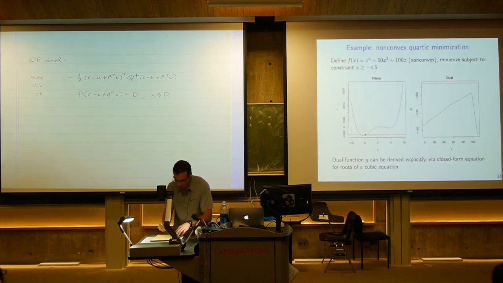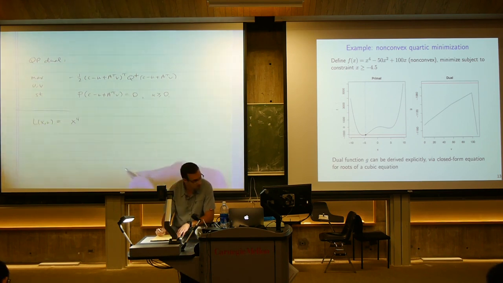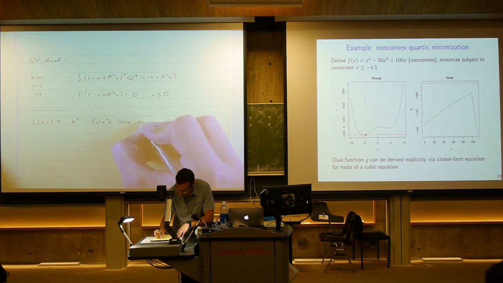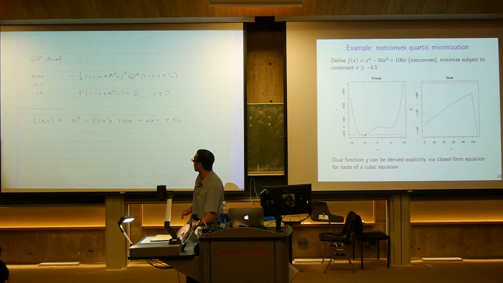So what I did was I formed the Lagrangian: x to the fourth minus 50x squared plus 100x minus u times x minus 4.5u, thinking about u as being bigger than or equal to 0.